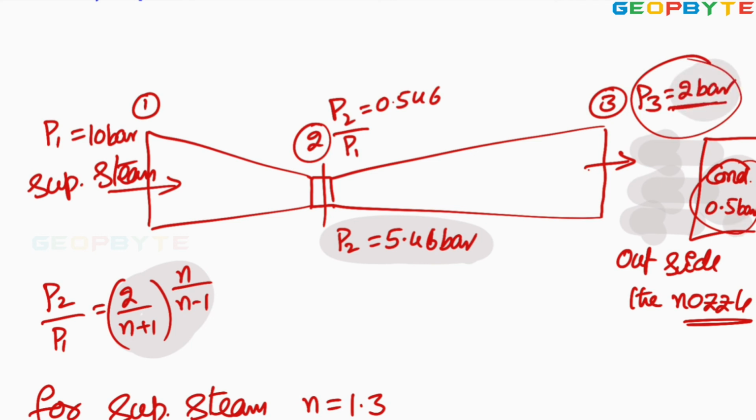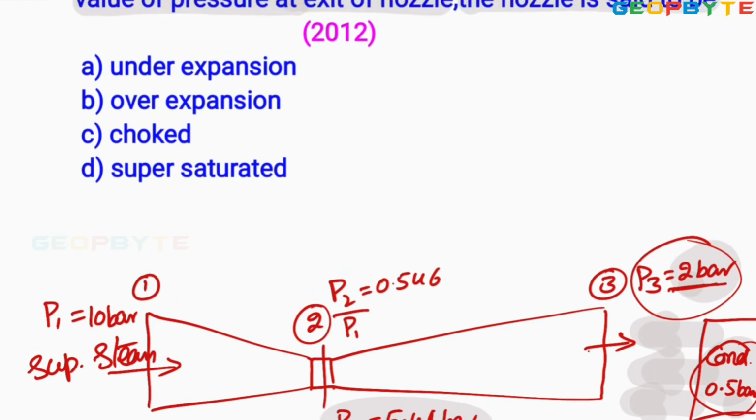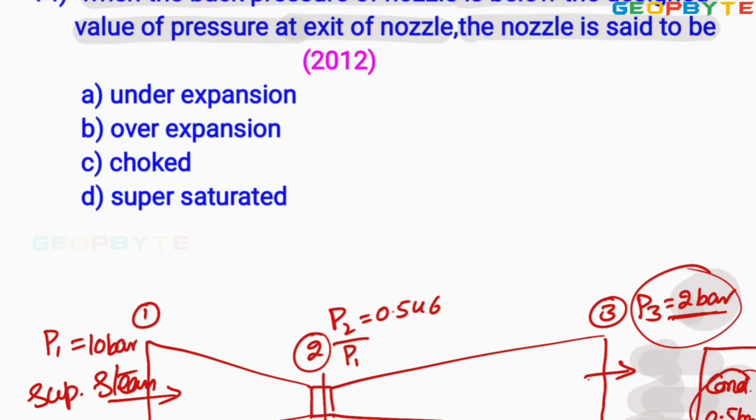Such kind of expansion is called under expansion. Therefore, option A is absolutely correct. I hope all of you clearly understood.